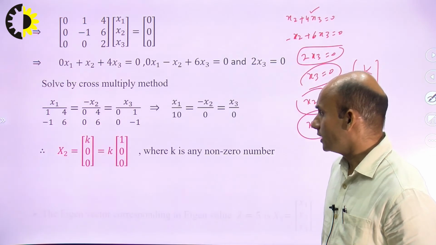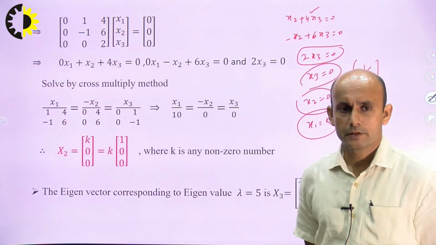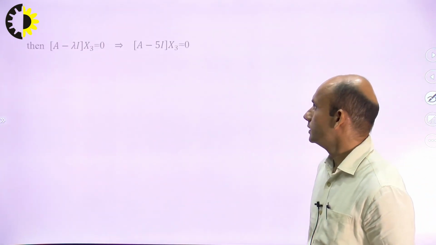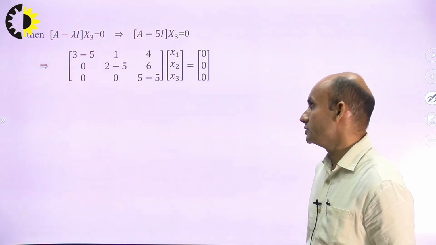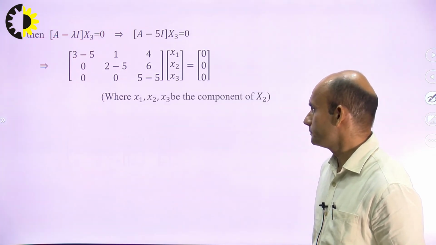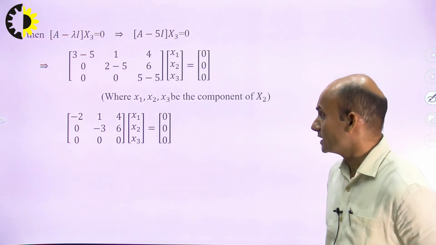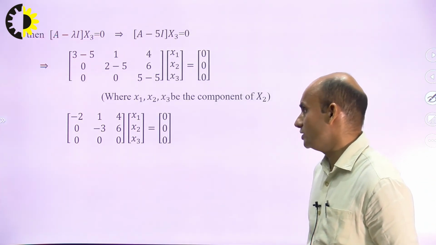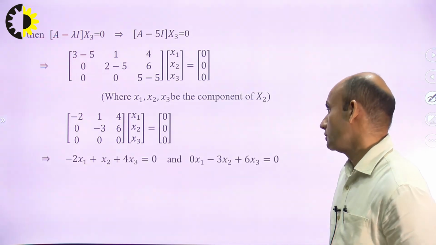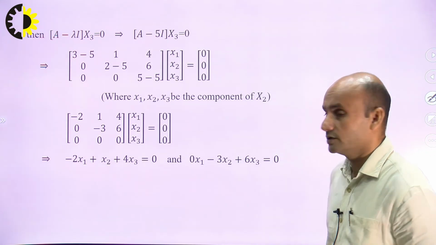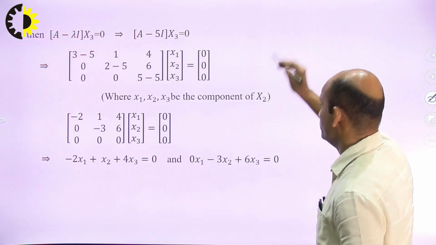Now we have to find the third eigenvector corresponding to eigenvalue lambda equals 5. Again we have the same system. We have A minus lambda I times x3 equal to 0, lambda is 5 here. Then we get this system of equations in which we have minus 2, 1 and 4, then minus 3 and 6. We can solve these equations, or we can assume any of x1, x2, x3 as an arbitrary number. So we can solve directly.